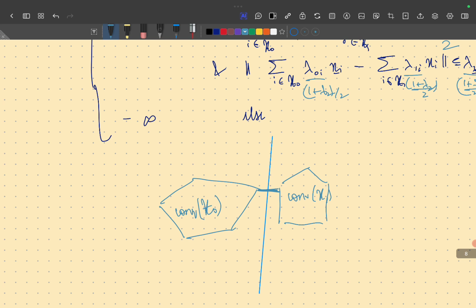It should be perpendicular, but yes, that's true. Well, in the end, that is still geometric, but what the dual gives you is only the distance between the convex hulls. It doesn't tell you anything about the hyperplane itself, because the hyperplane is not part of the dual optimization problem. The hyperplane was part of the primal optimization problem. So this might not be the optimal hyperplane.